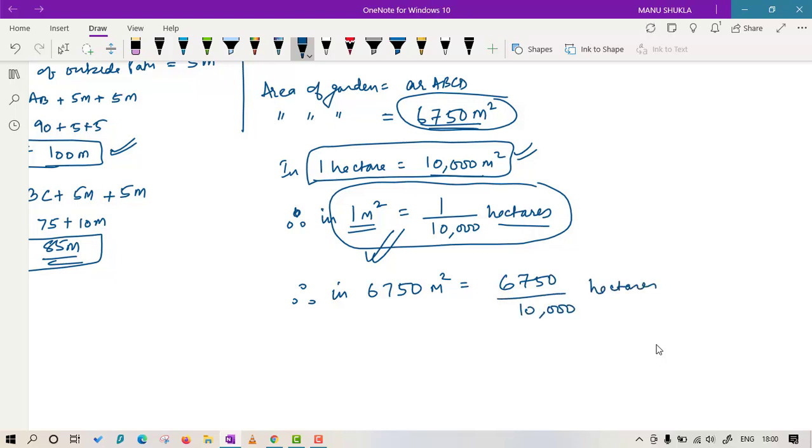And now cut the zeros, or we can do it in the next step also. If you cut the zeros, you know there are 4 zeros. If you cut them, the decimal will come after 4 places. So 0, 5, 7, 6 point. You can place a 0 over here. So this is 0.6750 hectares.